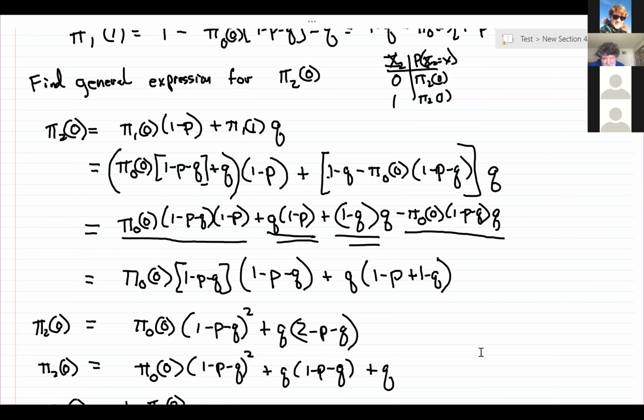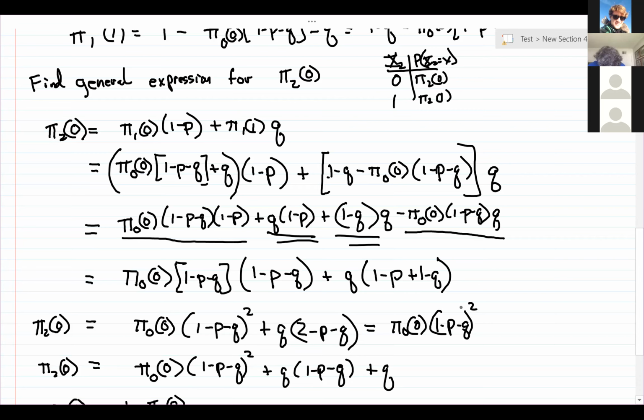Okay, they leave it this way, but they write it one slightly different way. So they write this as pi 0,0 times (1 minus p minus q) squared.